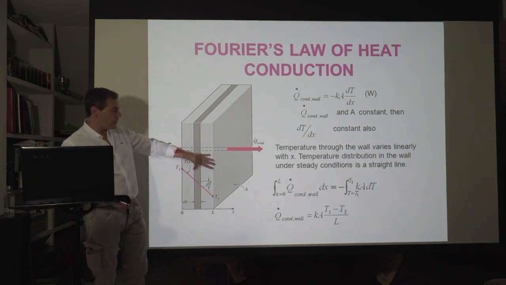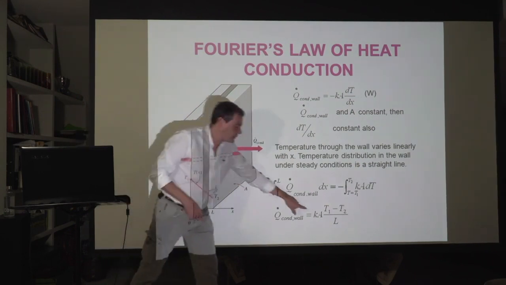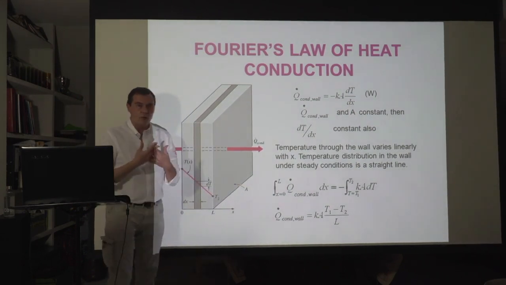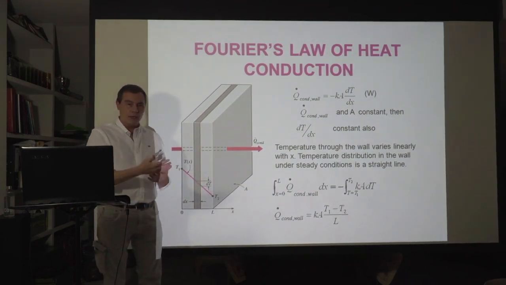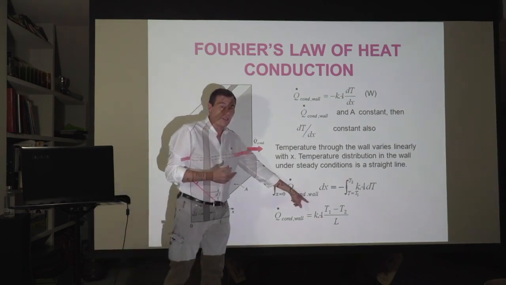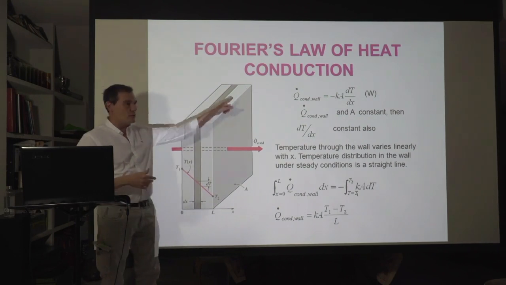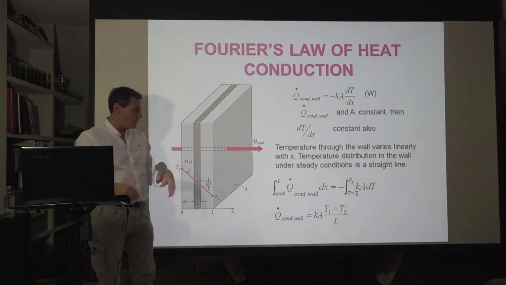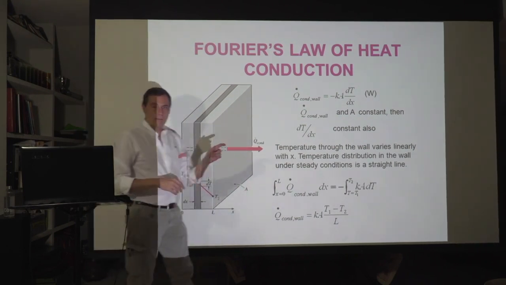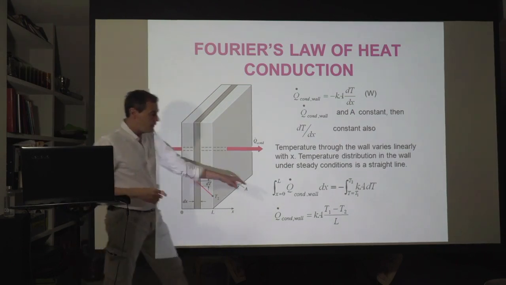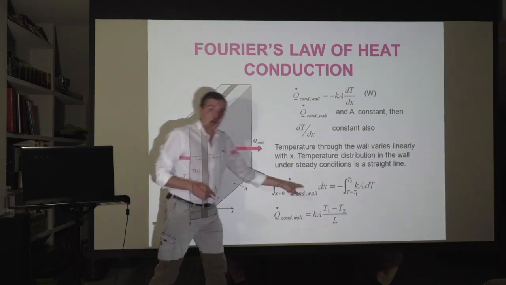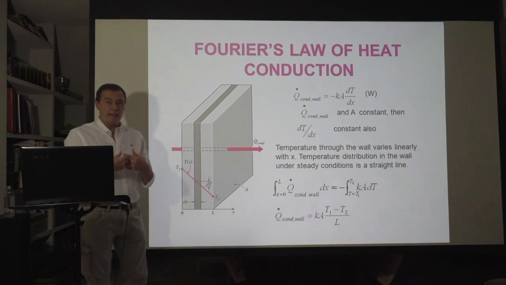Okay, if we know the material, it's up to us. We are architects, so we decide the materials we are working with. And then we have dimensions. We are architects and we decide the dimensions of walls, roofs, and floors, and we decide the thickness. Okay? So all this depends on architects, on our design.